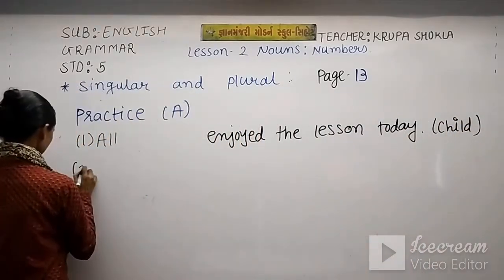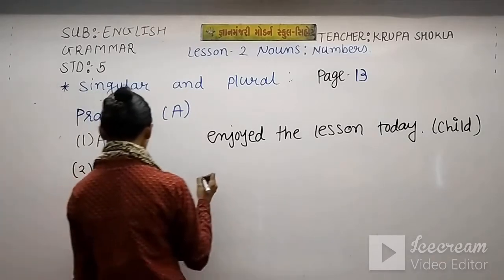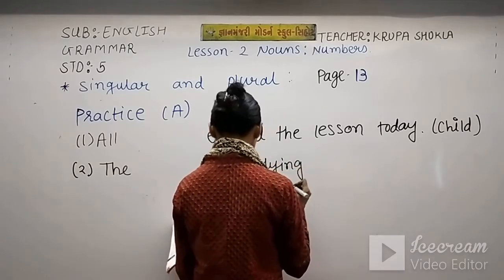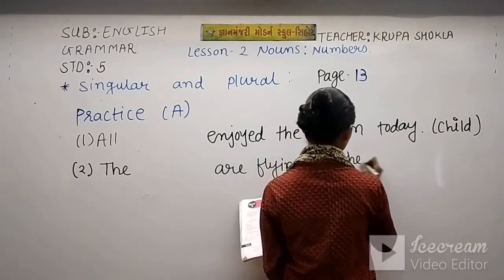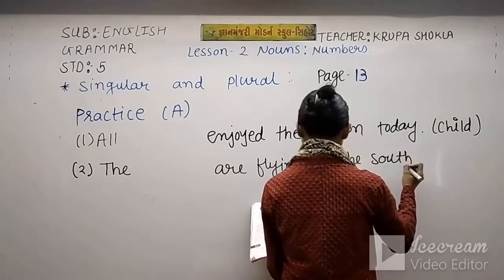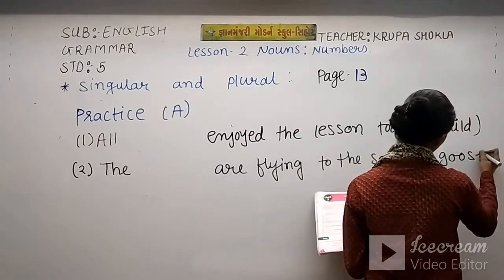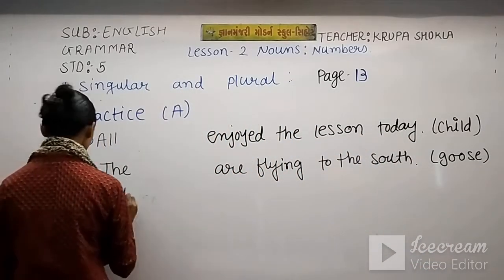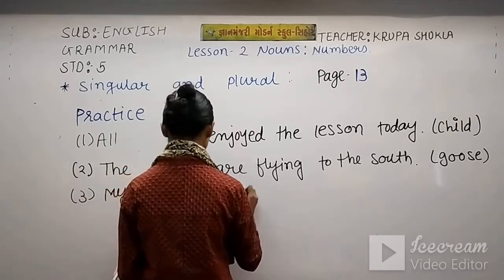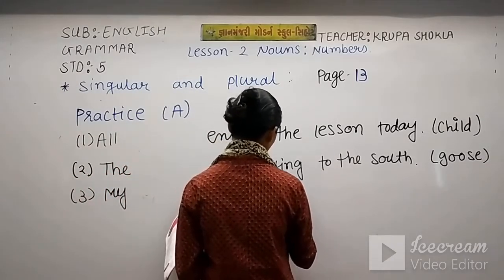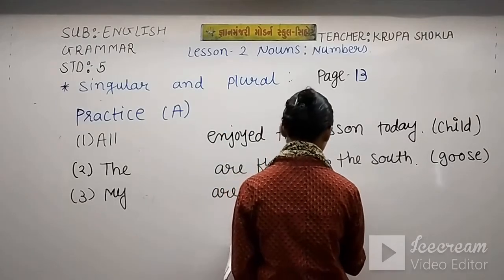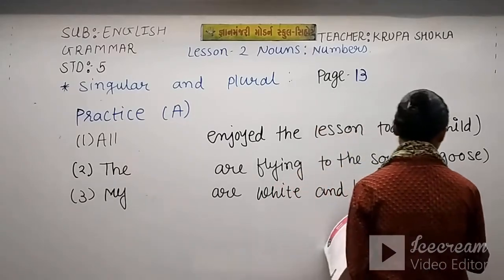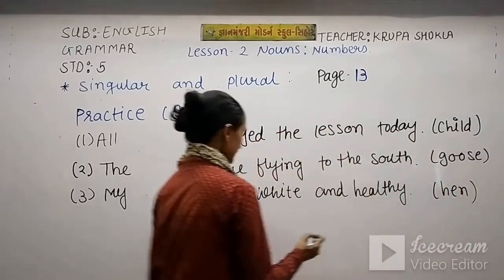Number 2 is the blank are flying to the south, and in brackets the word goose is given. Number 3 is my blank are white and healthy, and the word hand is given.